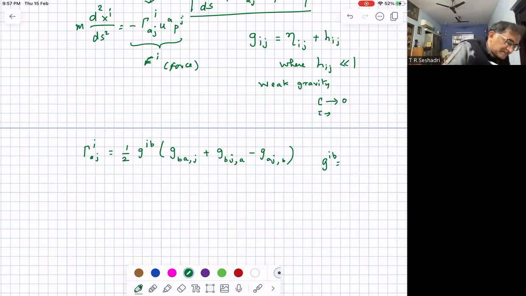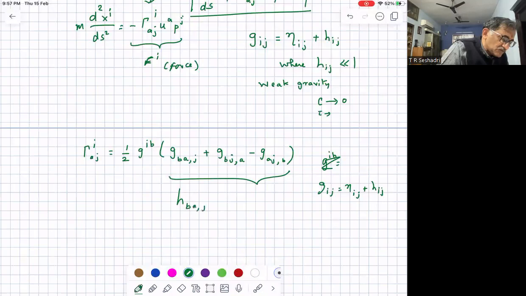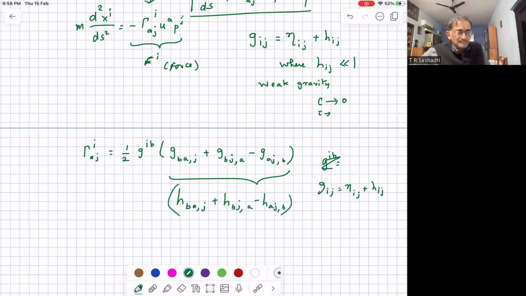Basically, since g_ij is equal to eta_ij plus h_ij, and eta is a constant, these will just become h_{ba,j} plus h_{bj,a} minus h_{aj,b}. And here it will be half times eta^{ib} plus the upper h^{ib}.